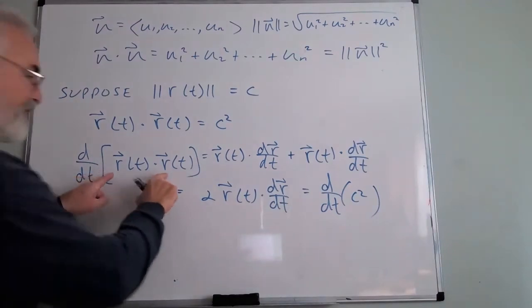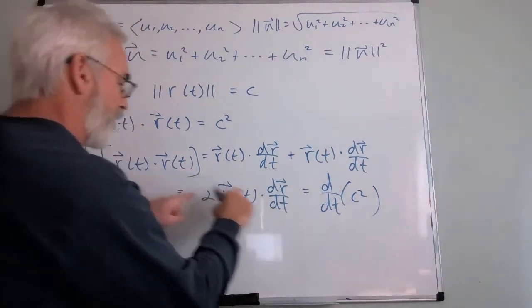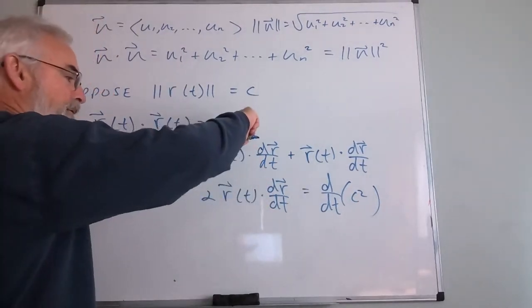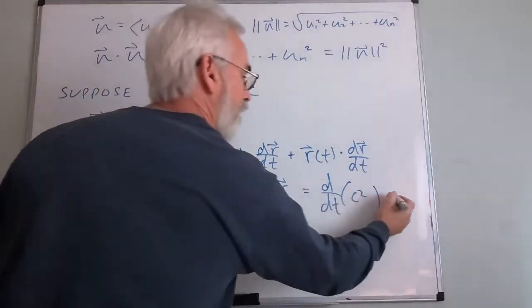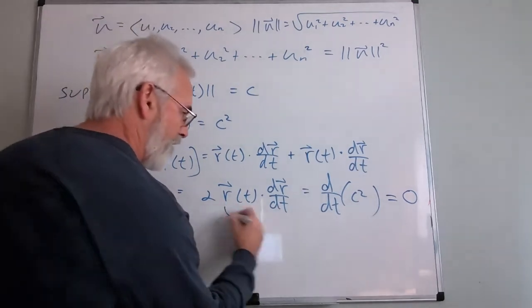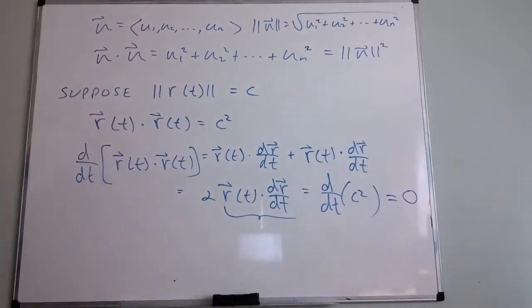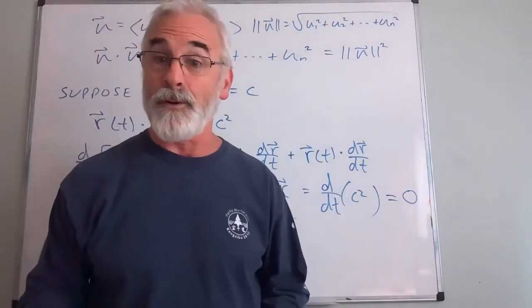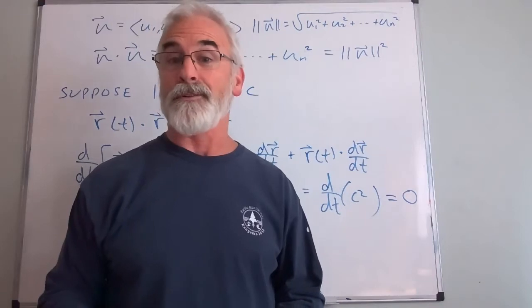So although this statement here is always true no matter what the original r is, if this statement is true, then this statement must equal 0. Ooh. So that means that r dotted with its derivative must be 0. Well, the only way a dot product between 2 vectors can be 0 is if the vectors are orthogonal.